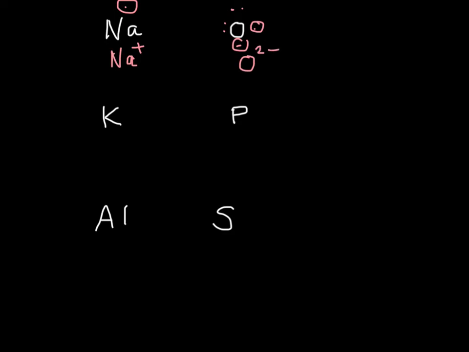Now, I don't know if you can see this, but for these to form a neutral compound, I have to have the same number of pluses and minuses. So I'm going to need 2 of these for every one of those. So plus 2 and minus 2. So the compound they make is Na2O, okay, which is called sodium oxide.